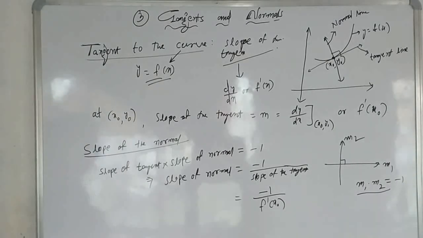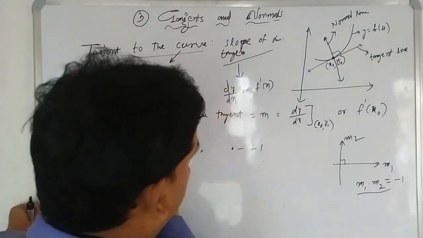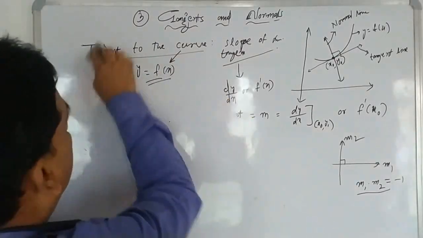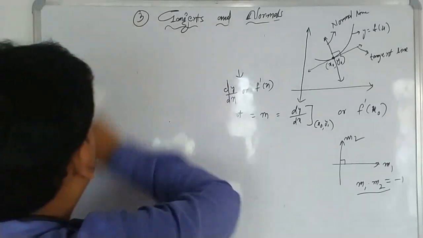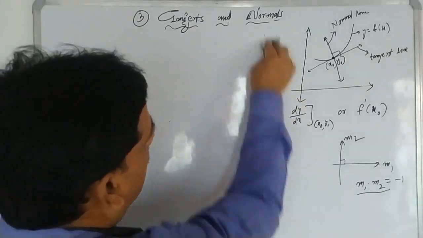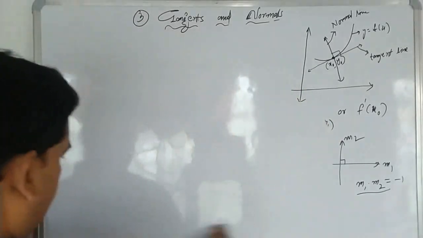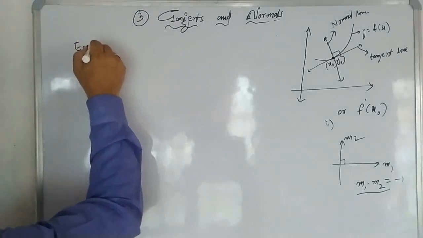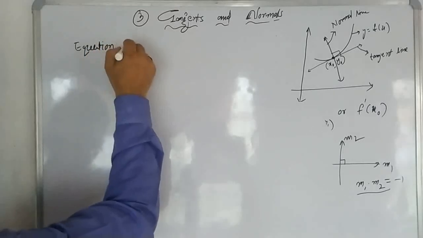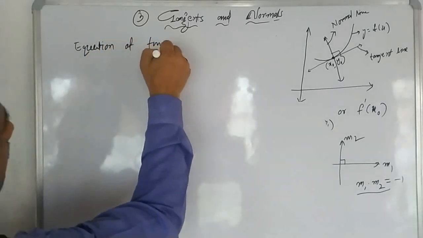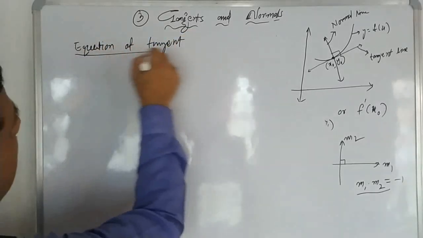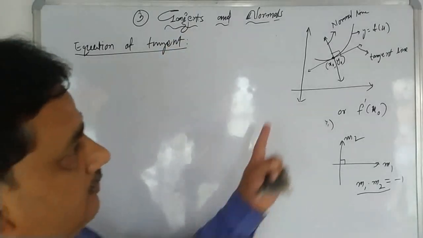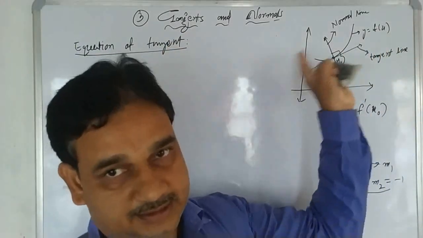Next, equation of tangent line. As you know, tangent is a straight line.